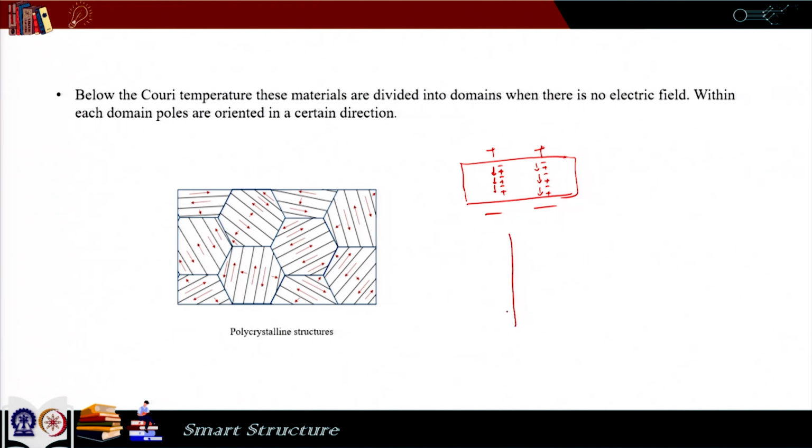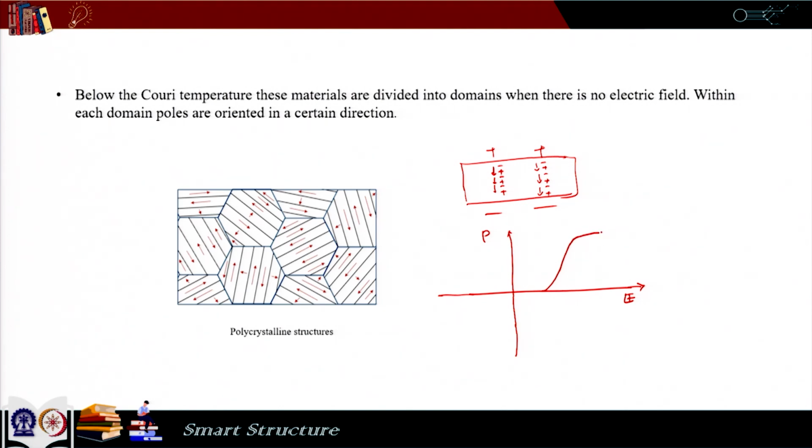However, the relation between the electric field that is applied to polarize and the amount of polarization that we get is not very straightforward. If we plot electric field in this direction and polarization in this direction, suppose we start from here, it increases like this, and after a certain electric field it saturates.